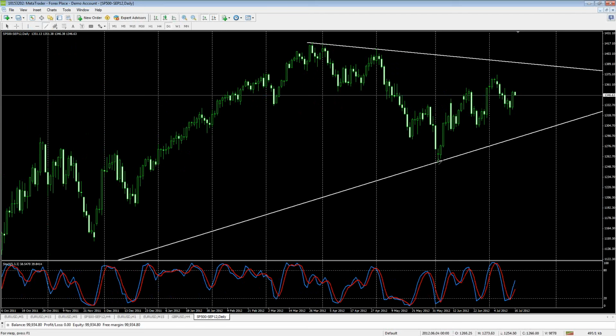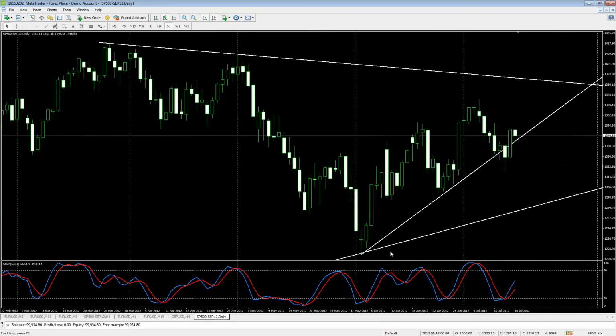And here, again, just like with the Aussie dollar, it broke a trend line. You see here, this candle is supported on the trend line, eventually it broke it, but then again on Friday it went above it.